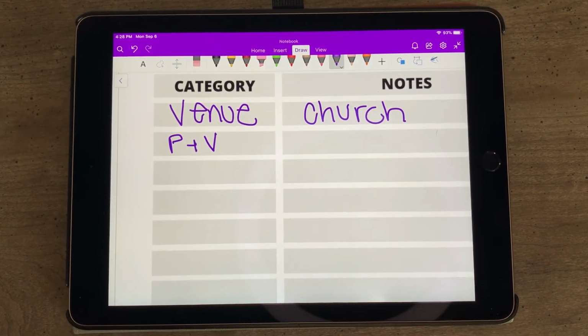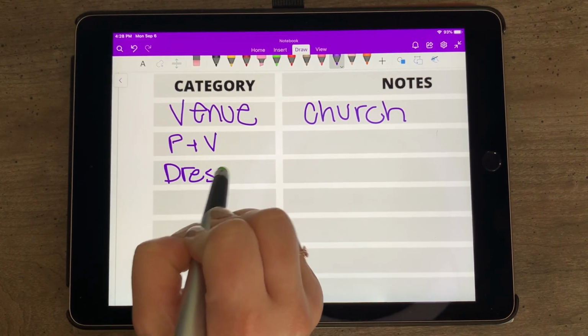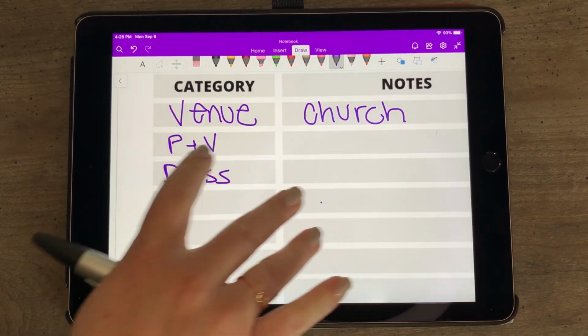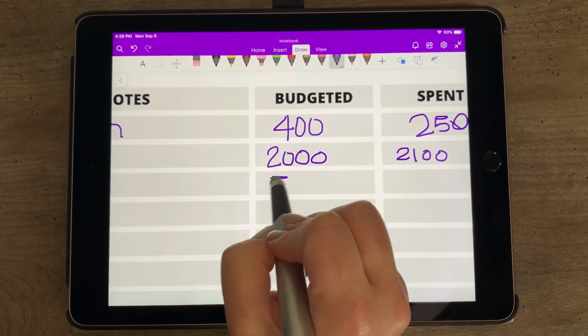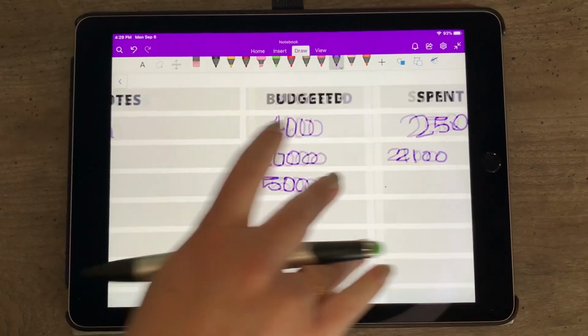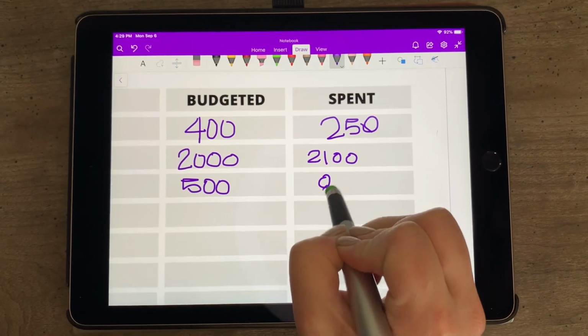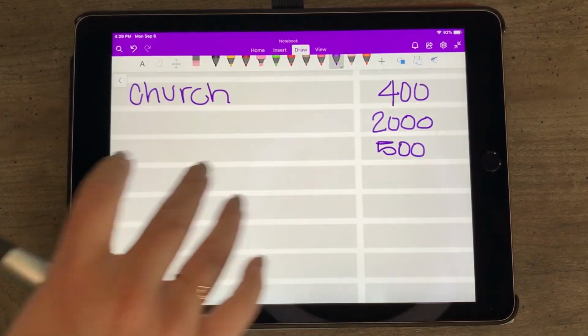Moving on, another big expenditure is the wedding dress. I budgeted $500 and I expected to spend a ton more, and I really did go over budget here, but I spent $800 on my wedding dress.